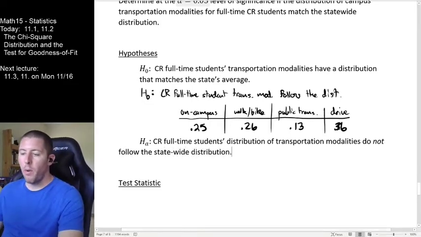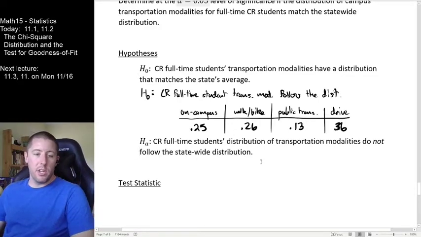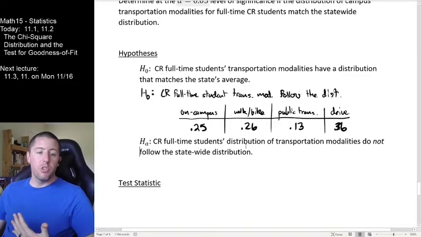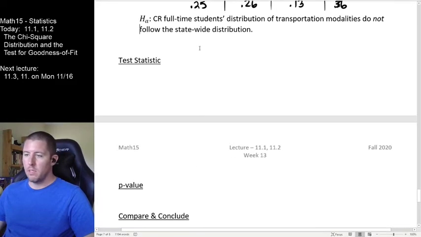So either we follow it or we don't. It's a yes or no question right here. We know the sample that we took is going to be deviating a little bit from this. We want to know if that deviation is just due to sample variability or due to a true difference in how CR students get to school relative to the people statewide.